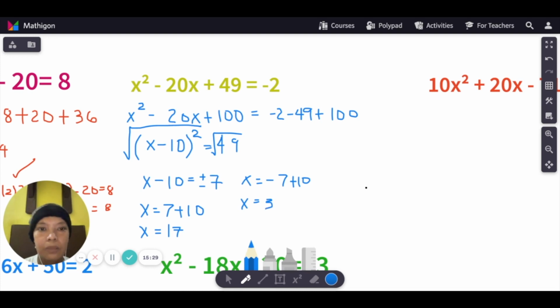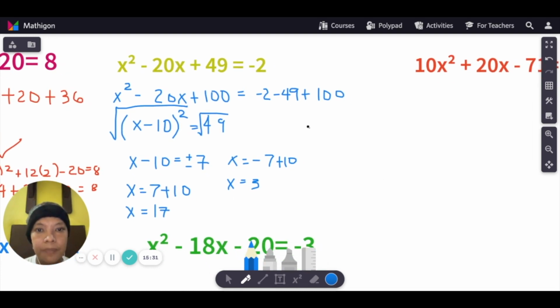Okay, so pag nag-check po kayo, syempre, ang gagamitin ko yung mababa. So, kasi wala akong hawak na calculator ngayon. So, but kung kayo po ay may hawak na calculator, pwede niyo po i-try yung 17. So, I'll try, gamitin ko po yung 3 dahil kaya ko po siyang i-manual sa isip ko.